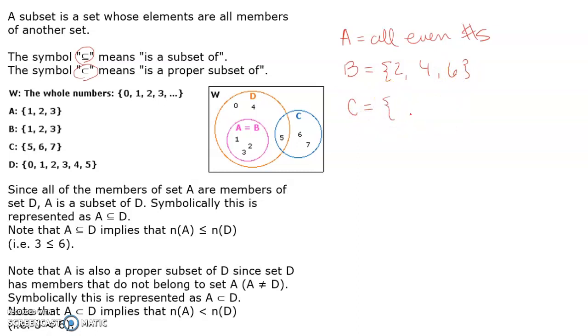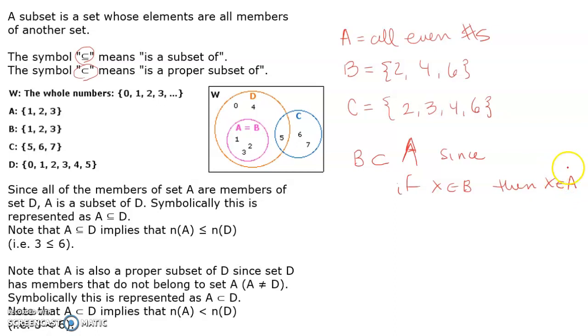And I can finally come up with another set, which is 2, 3, 4, 6. In this case, I can say that set B is a proper subset of set A since, by definition, if X is in B, then that same number X is also in A.